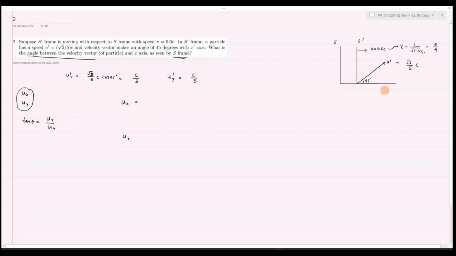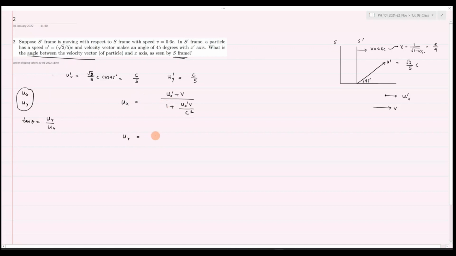To find ux, you know that the particle is moving along the x direction with this speed, and you also know that the frame is also moving along this direction with speed v. That means from S we have to use the velocity addition formula to get ux. What is the velocity addition formula? ux is ux prime plus v divided by 1 plus ux prime v by c square.